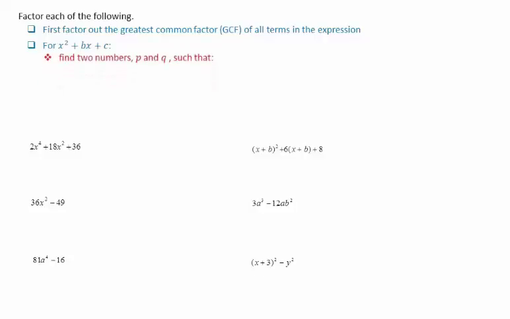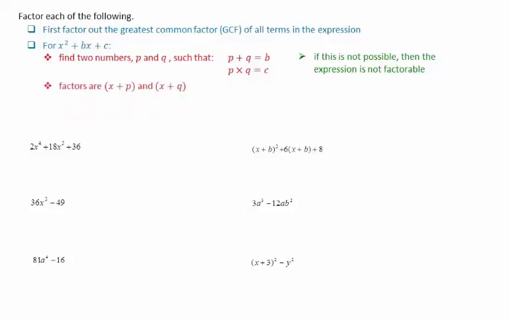We'll call them p and q, such that p plus q equals b and p times q equals c. If this is not possible, then the expression simply is not factorable. If it does work, then the factors are x plus p and x plus q.